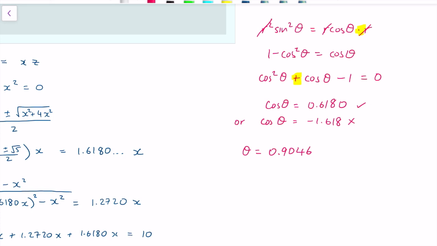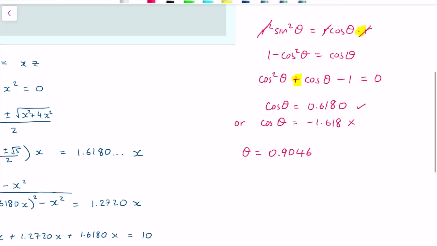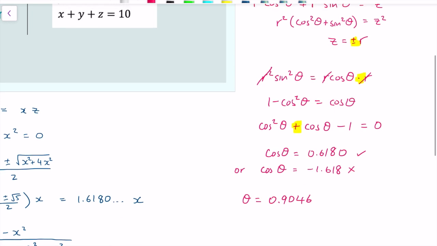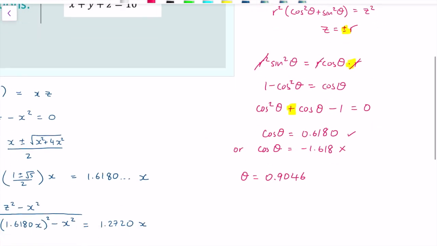So we take our theta to be that. Remember that z was equal to r. So we've got x is equal to r cos theta.